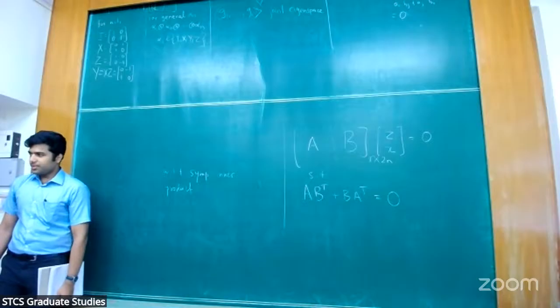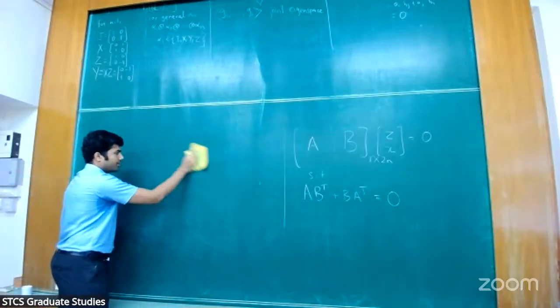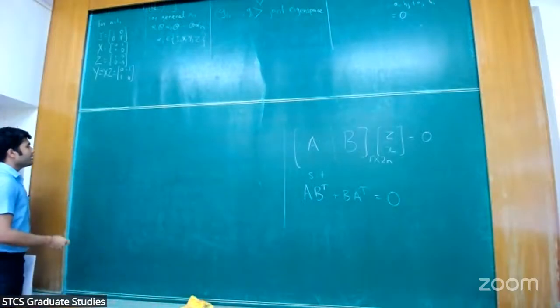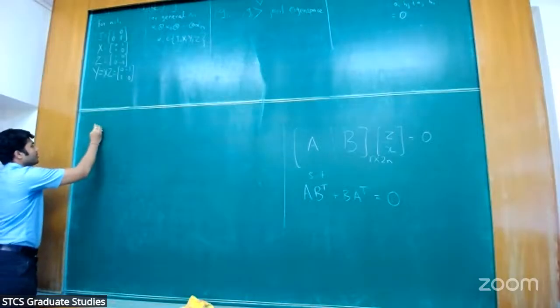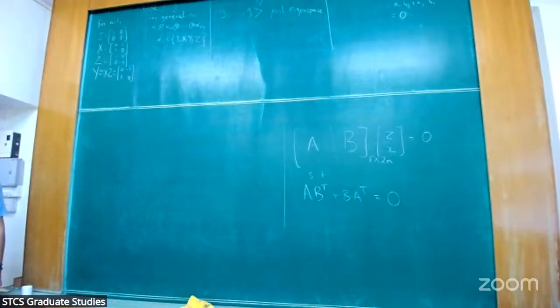Yes, I think I should mention that before. In that language, the subspace corresponding to the eigenvalue 1 is going to be the code.